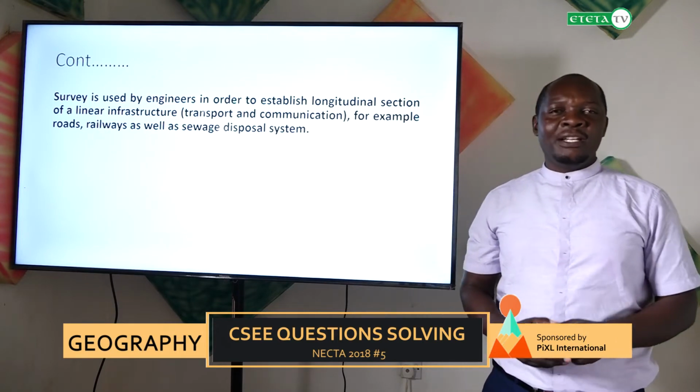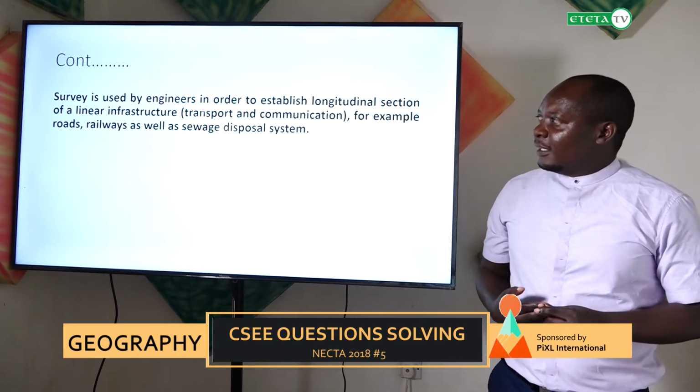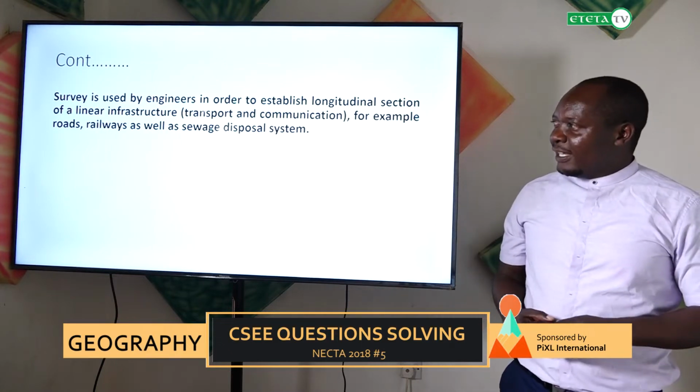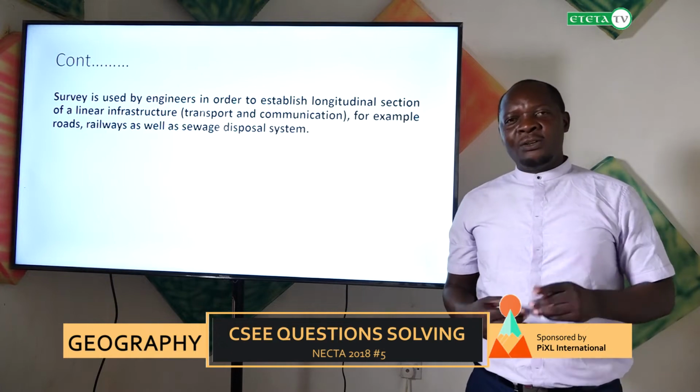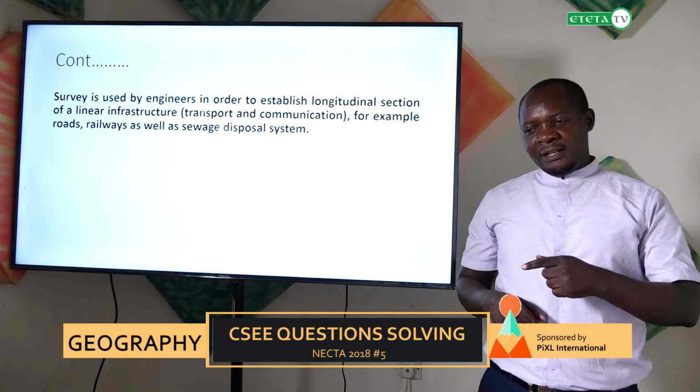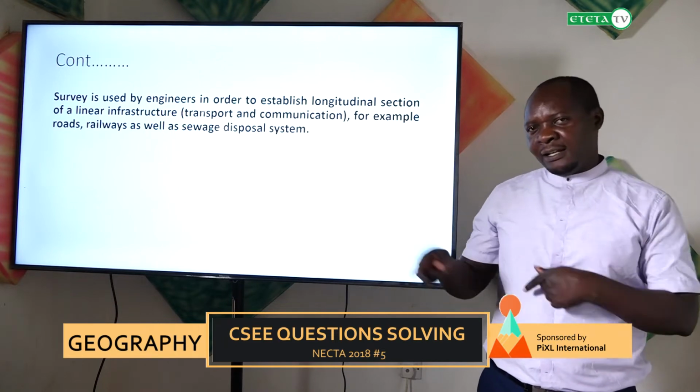Survey is used in establishing longitudinal section of a linear infrastructure. Longitudinal means the long profile of that linear infrastructure. Linear means it looks like a line.